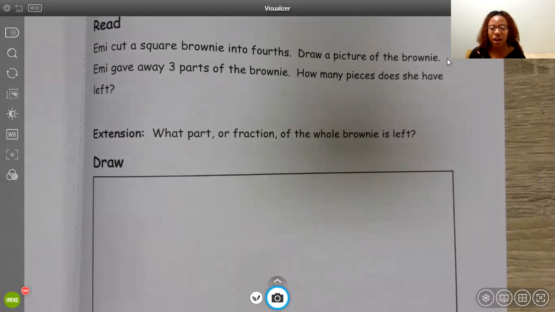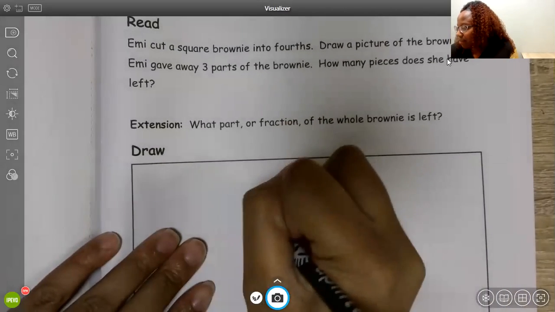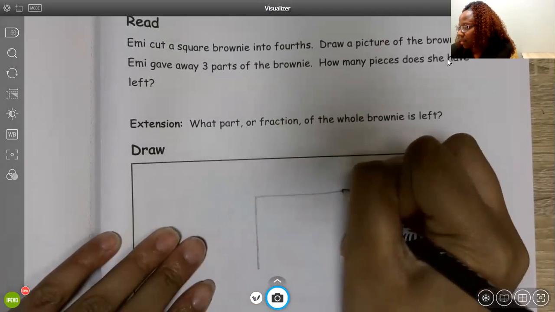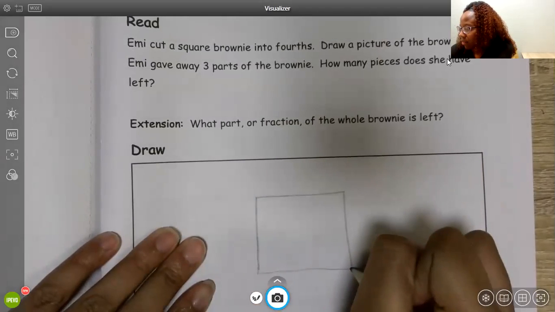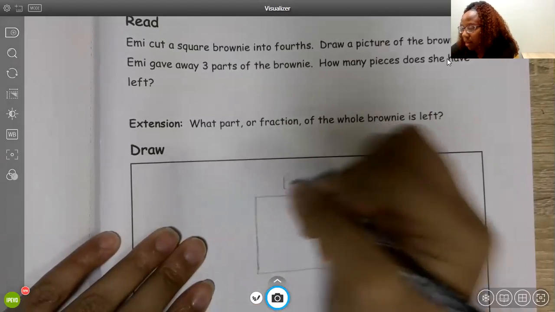The first thing I want to do is I want to draw a brownie. So let's go ahead and draw a square brownie. And I'm going to write B for brownie at the top.